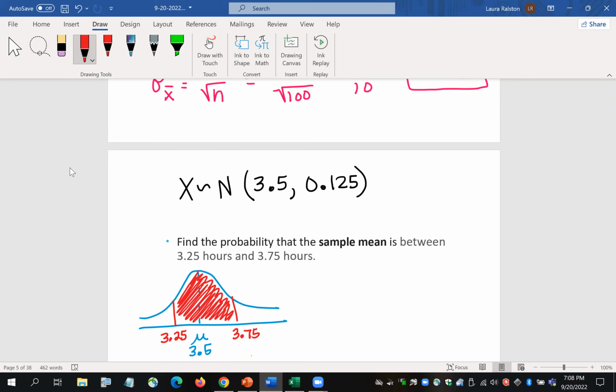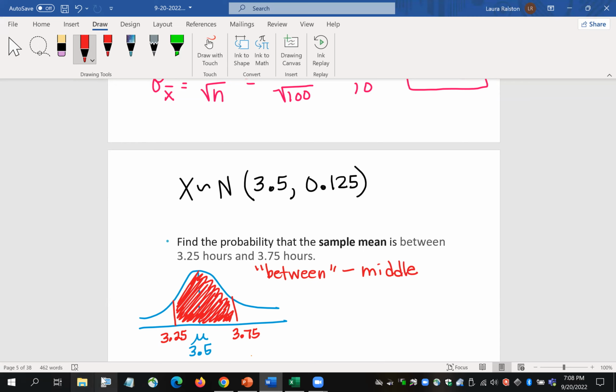So again, I'm looking for this area under the curve. We already talked about it tonight, that the area under the curve corresponds to the probability. This is a between. The term used in Minitab is middle.